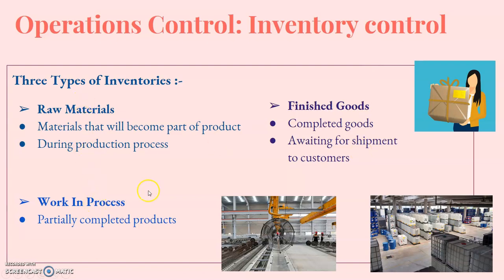So these are the three types of inventories or stocks that you have. Let's say fish. This is raw fish. The work in progress is where you have to cut the fish, and finished goods is where you already put it in a box and it is ready to send to the customer.